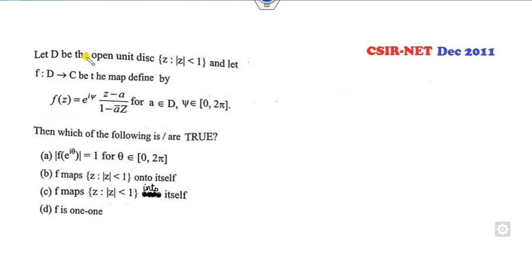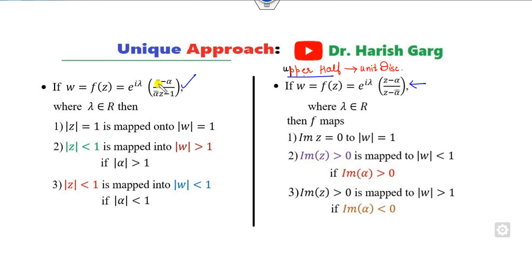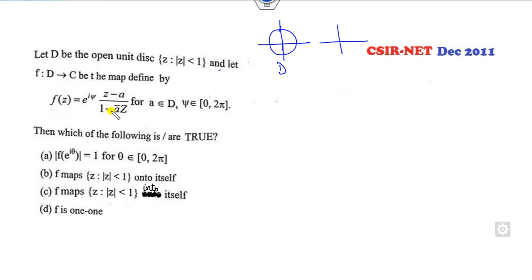Okay, now look at this. Capital D is the unit disk. Fine, this is my capital D. And let's see what C is. C is the complex plane. So that is my here. Fine, so which is given to be here. If you closely look, this is a mapping of here. Z minus alpha, alpha bar Z minus 1, which is the same.